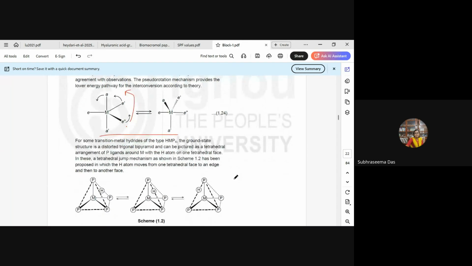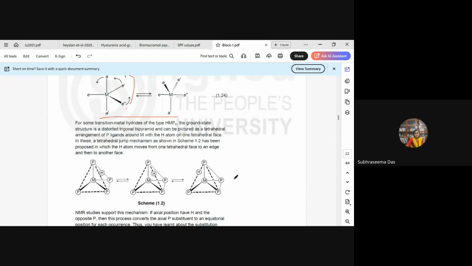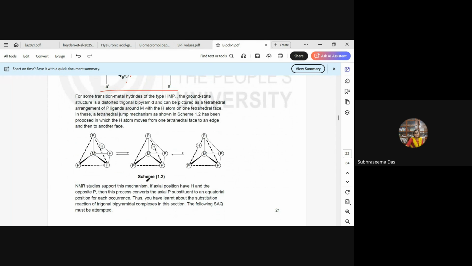So for transition metal hydrides of the type HMP4, the ground state structure is a distorted trigonal bipyramid, and it can be pictured as a tetrahedral arrangement of P ligands around M with the H atom on the tetrahedral face. So here in scheme 1.5 we see a tetrahedral jump.